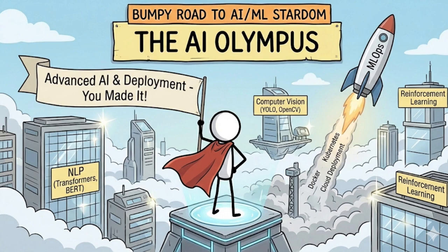Now you need to use NLP, transformers and BERT, or maybe computer vision. These concepts are behind ChatGPT or LLMs like the RAG model, all those high-level concepts you learn.